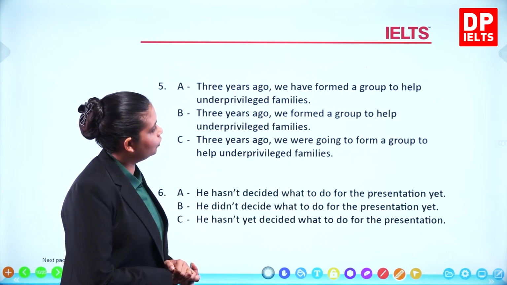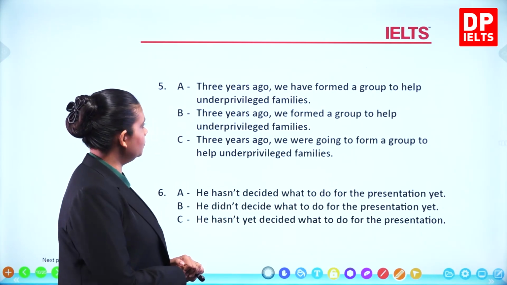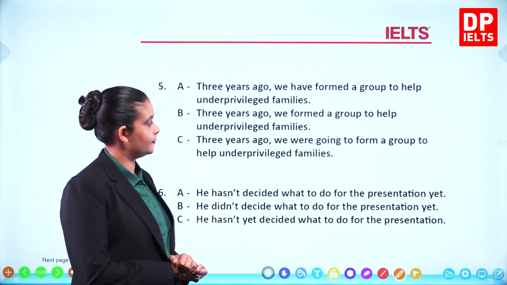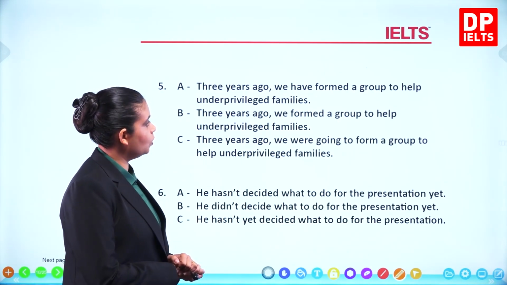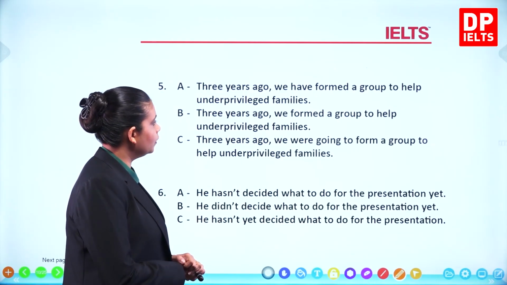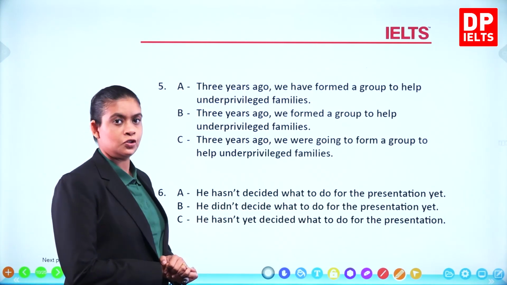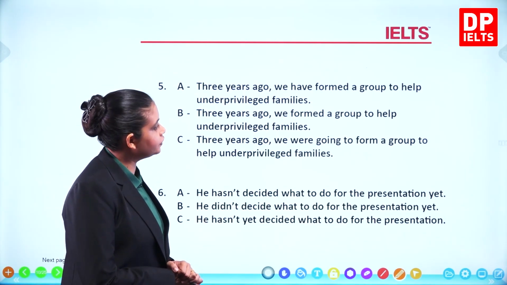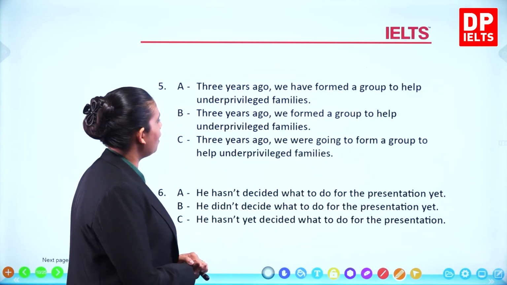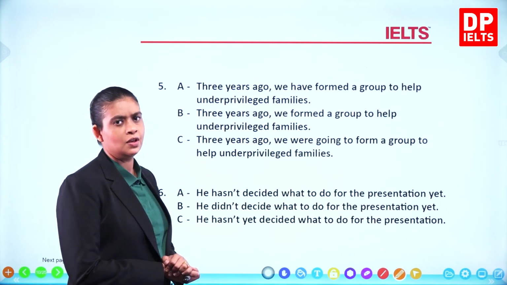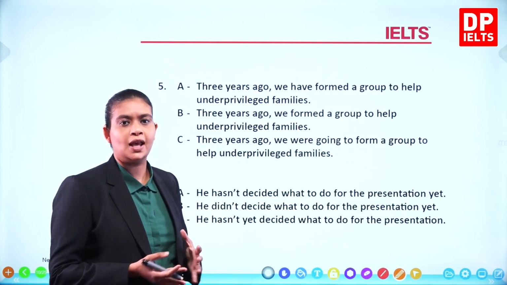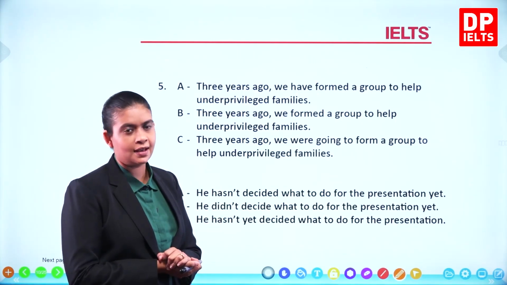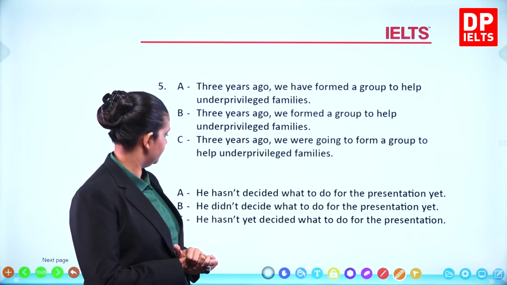3 years ago, we have formed a group to help underprivileged families. 3 years ago, we formed a group to help underprivileged families. 3 years ago, we were going to form a group to help underprivileged families. So, looking at the context and the form, which sentence or sentences are correct?